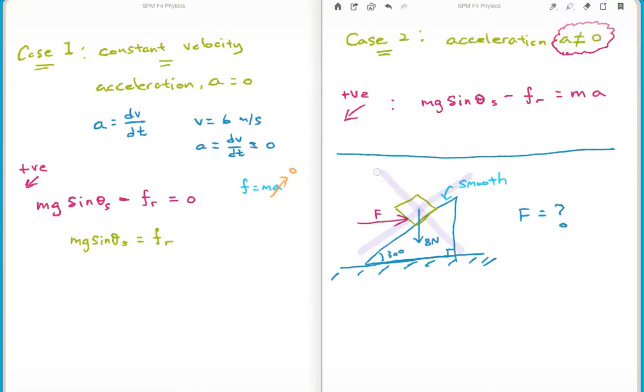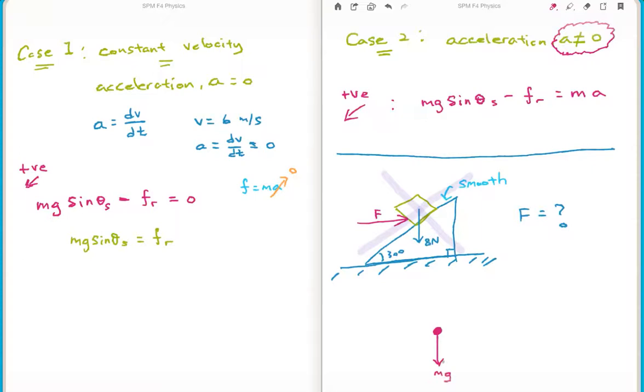If you manage to resolve x and y axis, then things will be so much easier. Now, okay, need to redraw this in a free body diagram, maybe a dot. Okay, a big dot, going down, it's where my mg is, 8 Newton.